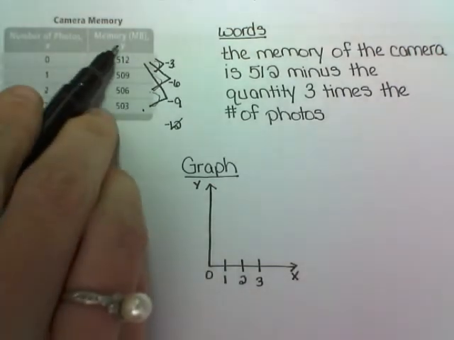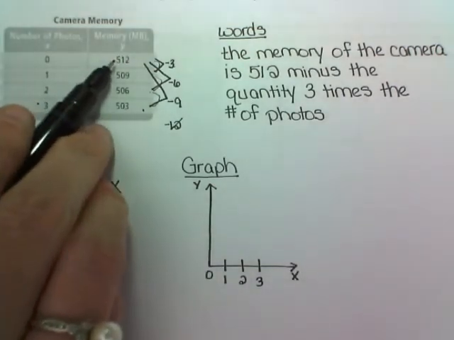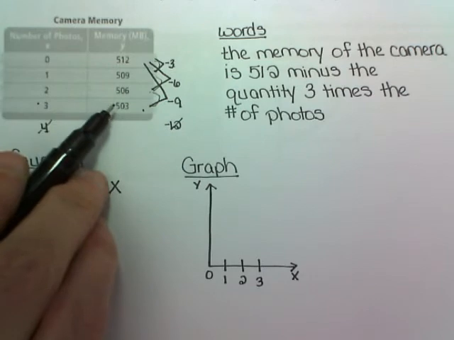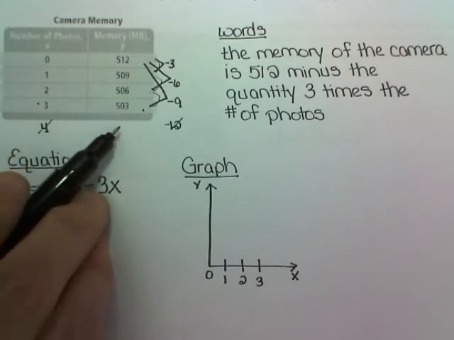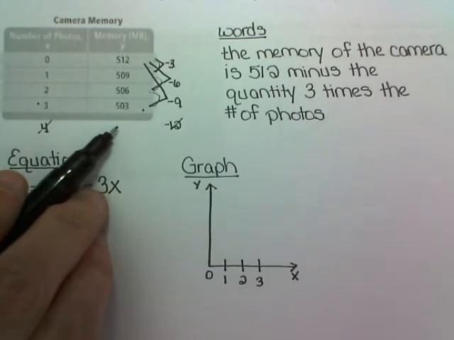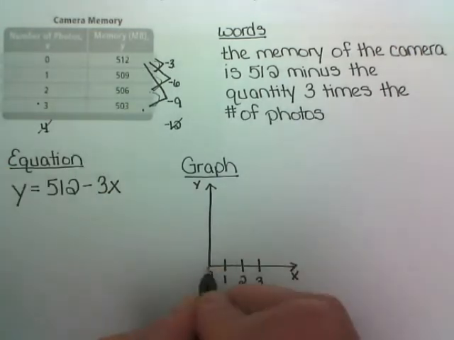But my y values, the largest number is 512. It's going down to 503. So my graph needs to start a little bit lower than 503, but I don't want to start at 0 because that would be a very large jump to get from 0 to, say, 500. So what you're going to do with your graph is called a break.